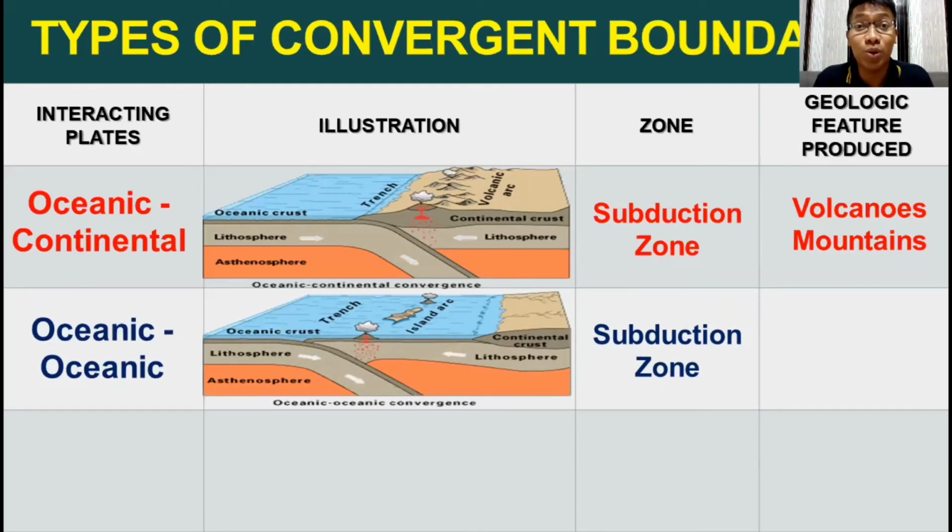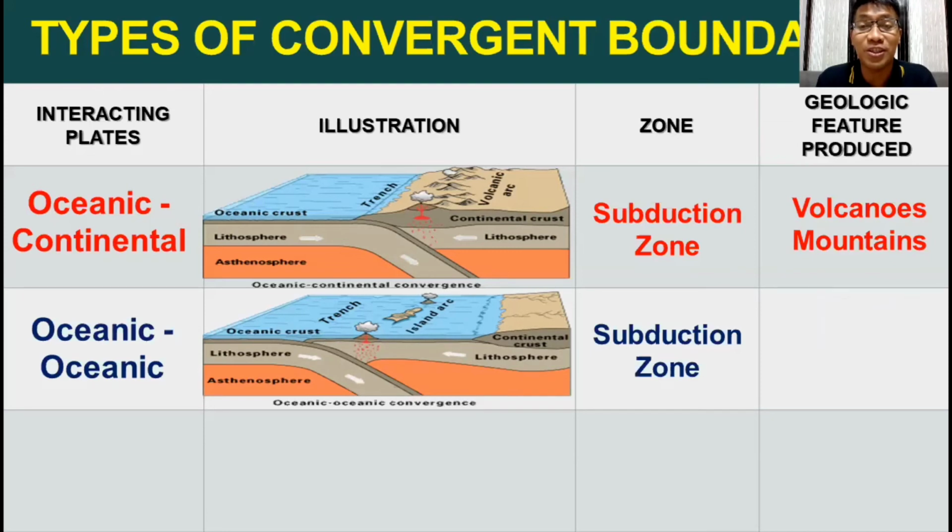However, since we have two oceanic plates in here, which one will subduct or will sink? It depends on the age of the oceanic plate. And commonly, the one that sinks is the older plate because they are denser than the new oceanic plate.